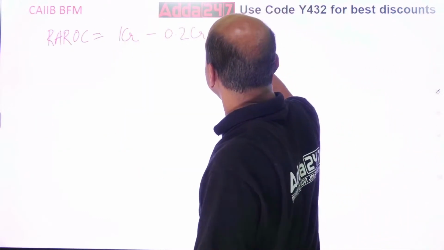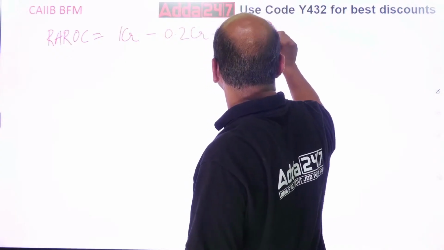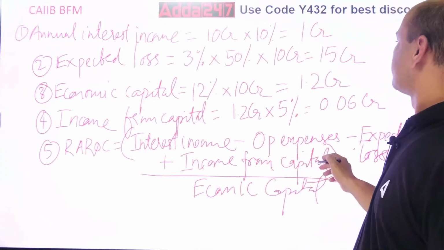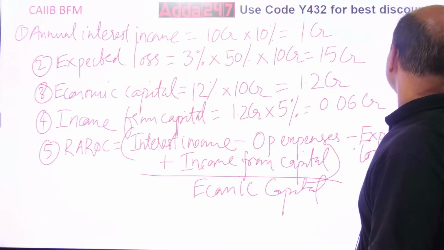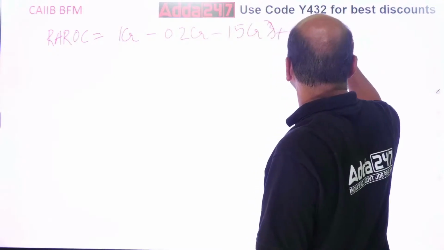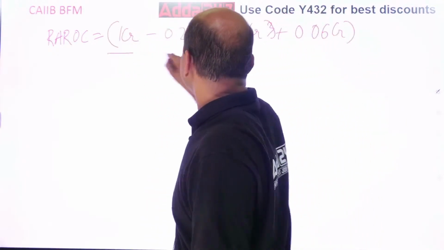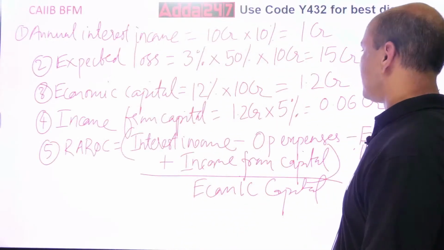So minus 15 CR, it is huge, 15 CR, plus something is there. What is plus? Income from capital. So income is what? 0.06 CR, plus 0.06 CR. The whole upon, what is it? The whole upon economic capital.